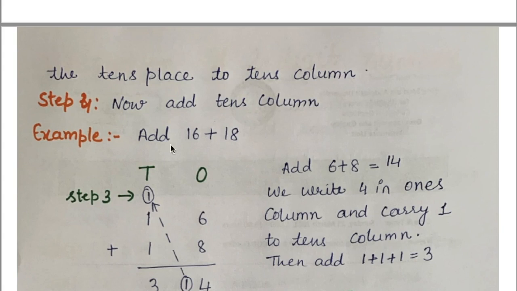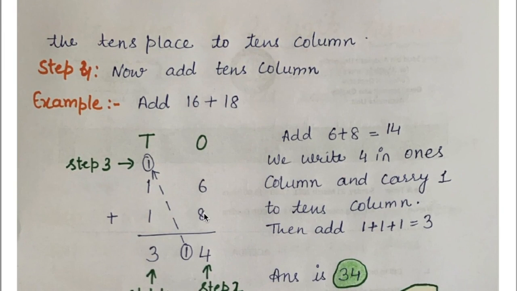Here is one example. We need to add 16 plus 18. I have written these numbers in the tens column and ones column. Then I have added 8 plus 6, which is 14, a two-digit number. So we write 4 here, and the 1 in the tens place goes to the tens column.